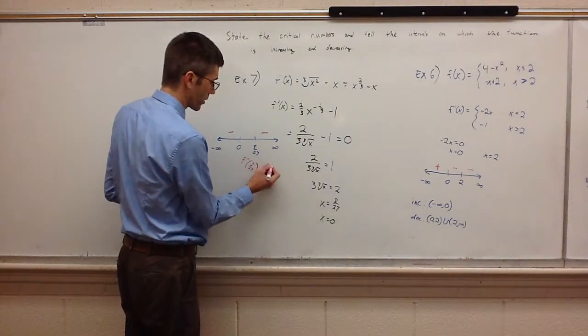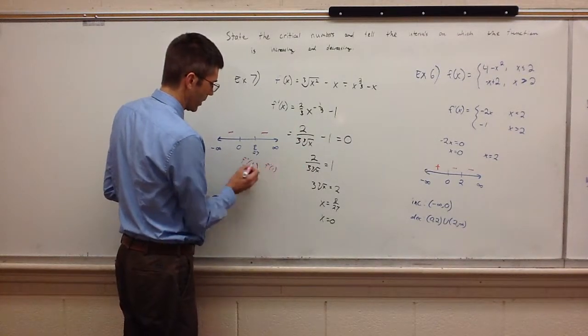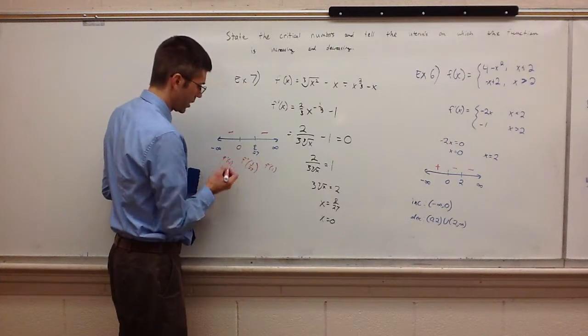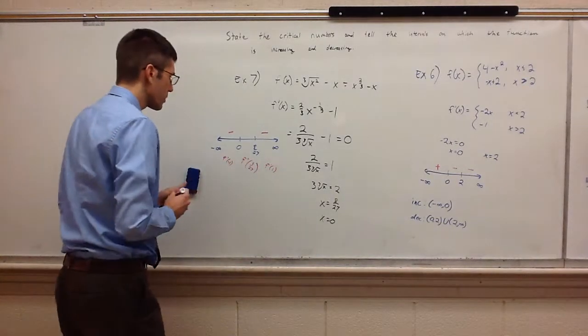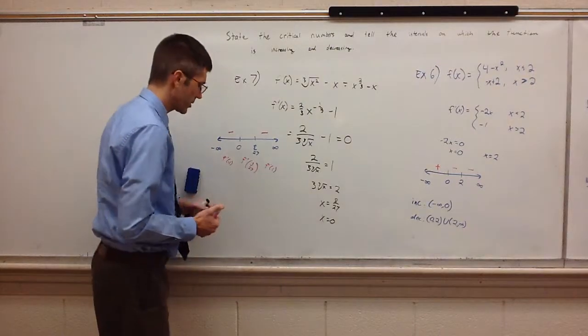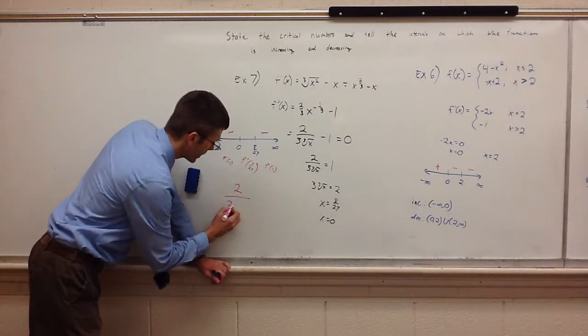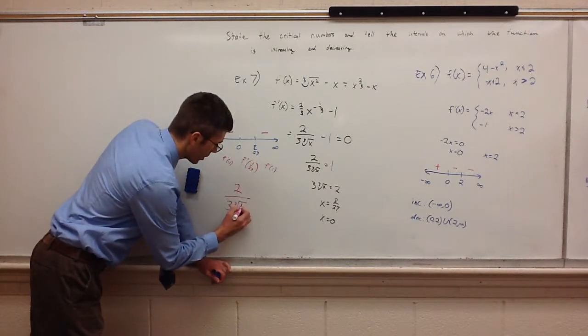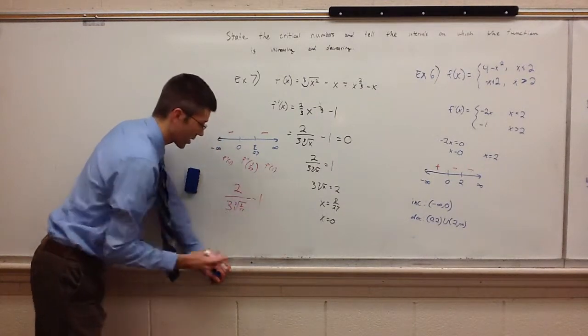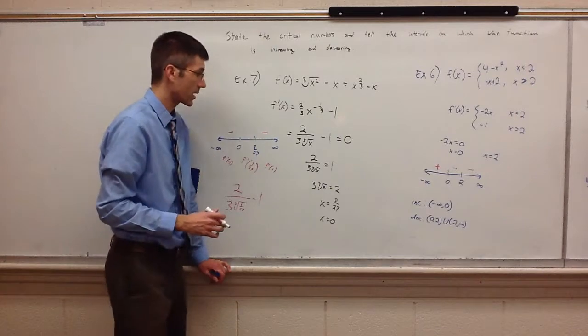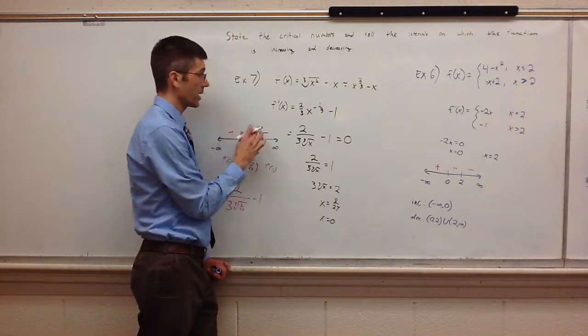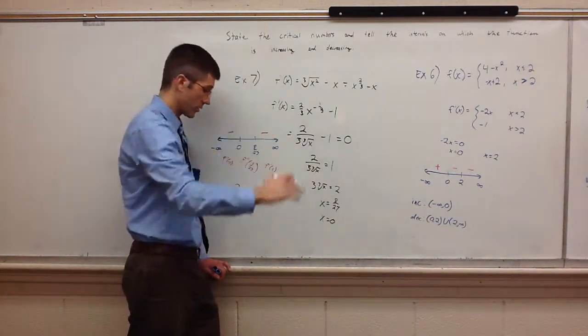And just for the record, we plugged in 1, and we also plugged in negative 1. Just saying. Okay, so let's plug in 1 over 27. Hard to do in our head, so here goes. 2 over 3 times the cube root of 1 over 27, and then we'll subtract 1 from that, and we'll see if it's positive or negative, because it might be negative, negative, negative, and it's just decreasing in 3 different intervals.